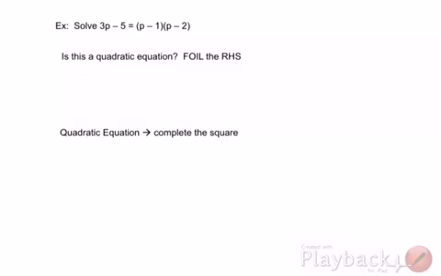Okay, so again, we're going to multiply this one out, just another example. So 3p minus 5 is equal to p squared minus p minus 2p plus 2. Collect all my like terms. So I've got negative p squared, minus p minus 2p is minus 3p.